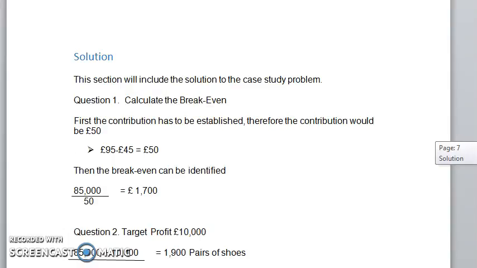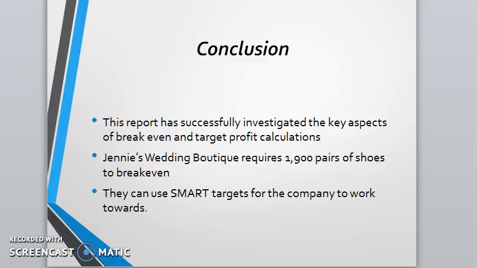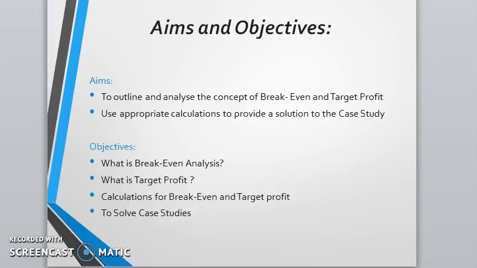So this is the solution of how I calculated everything. This report has successfully investigated the key aspects of break-even and target profit calculations. If we go back to the beginning, we set some aims and objectives to analyze the concept of break-even and target profit, and to use the appropriate calculations to provide the solution to the case study.